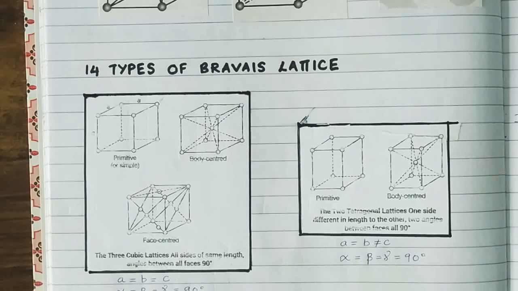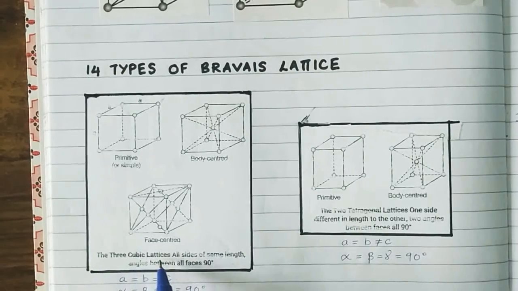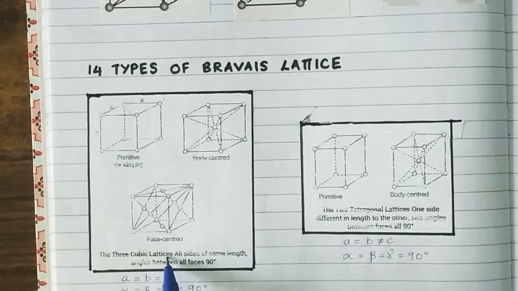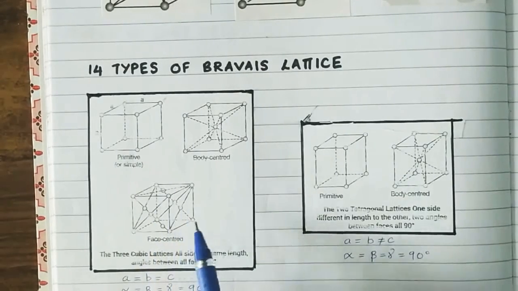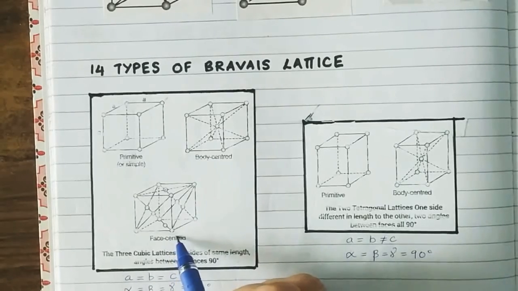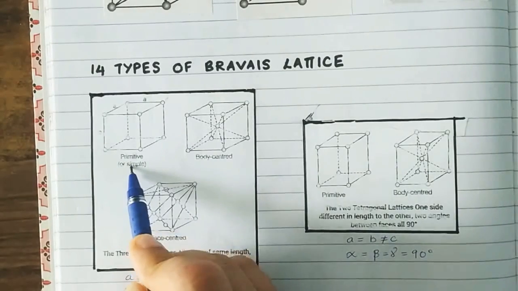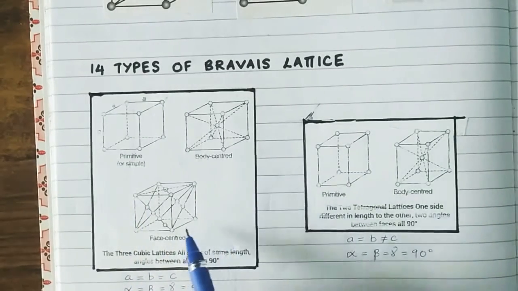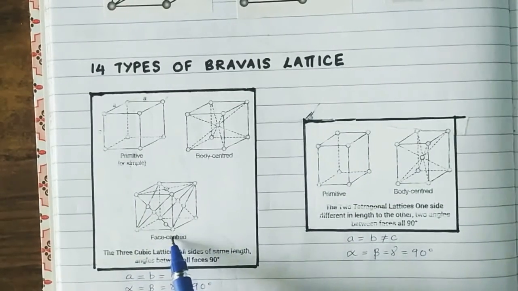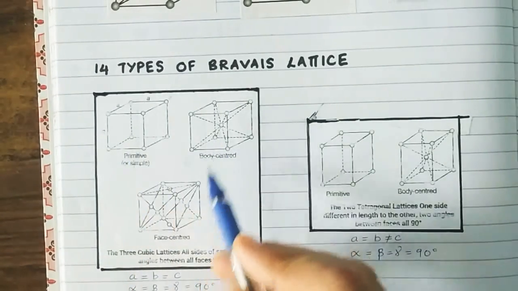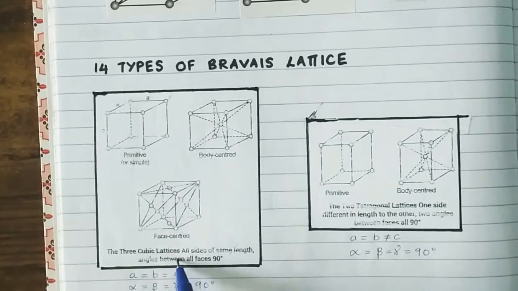So the first type is when we talk about the cubic lattices. Cubic is this simple primitive lattice. There are three different possibilities for cubic lattice. This is the primitive one or the simple one, which you already know. This is body centered and this is face centered. So there exist three different types of arrangement for cubic lattices.